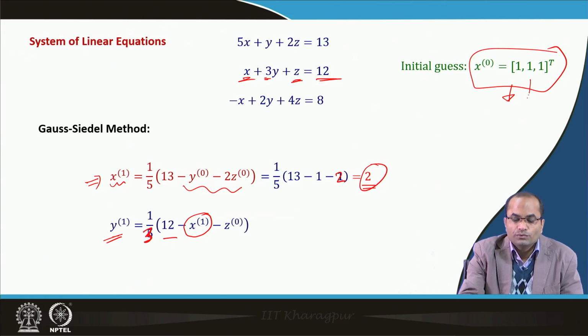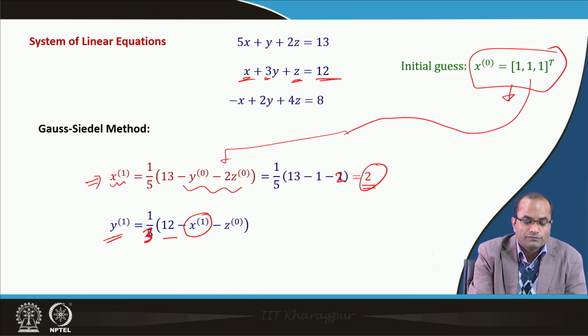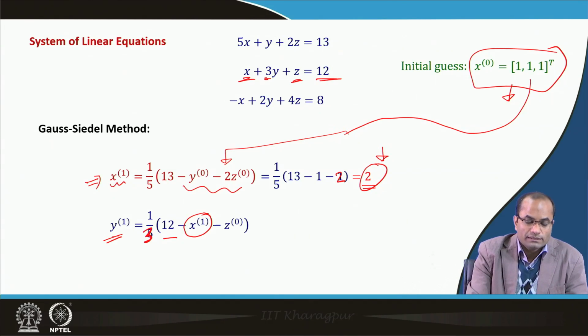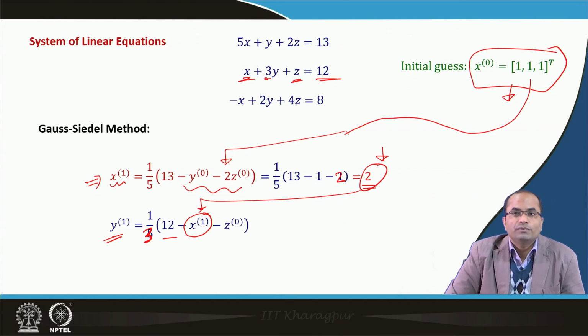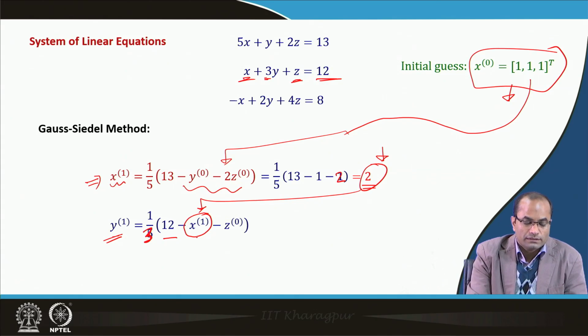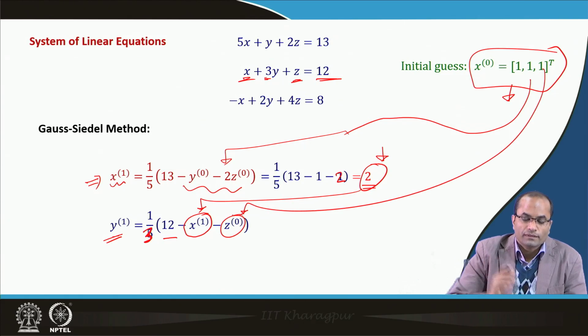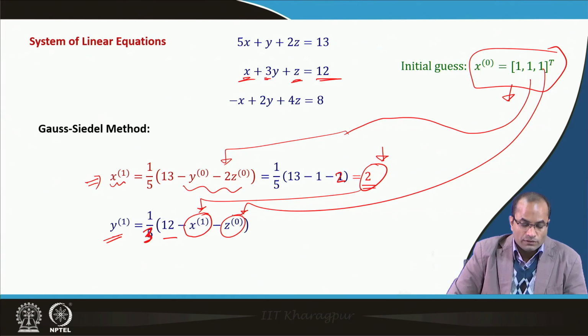We will not use these values which are used here for instance in the first evaluation, because x 1 is now known, the x 1 we have a new value. So, that is the difference, that this new value will be used in this evaluation now, and since z 0 is not available, we will use of course from the initial guess.